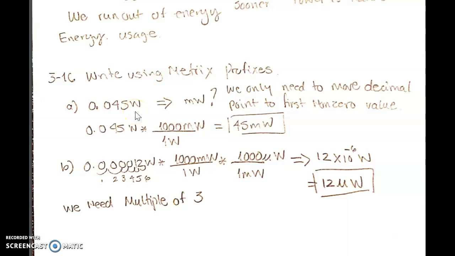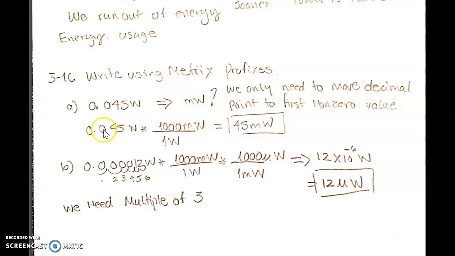I will still use a prefix, but writing this quantity in microwatts would violate the fact that you can only have 3 digits to the left of the decimal point. That's why that is incorrect.